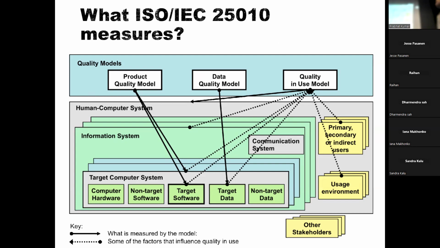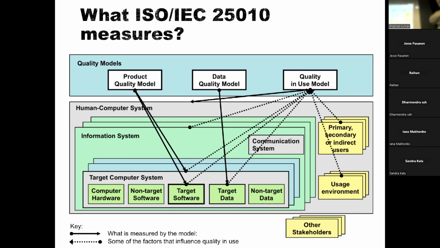First is the product quality model that we saw, and we need eight different features. If those 8 features are there, we can say the product has high quality, right? Similarly, the last one talks about the quality in use model. We saw there are 5 different characteristics, and if those are there, we can claim the software has high quality.